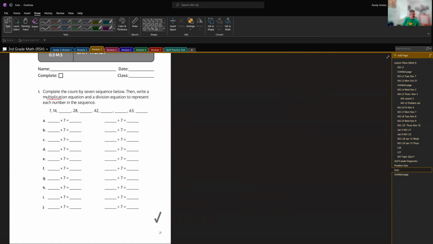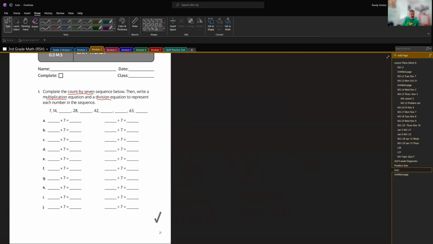So we're going to have to write a multiplication and a division equation after we count by 7s. So you have the sequence here. You can see it starts with 7, 14, then blank, then 28, then blank, then 42, blank, blank, 63, and blank. We need to first fill in these numbers by skip counting.